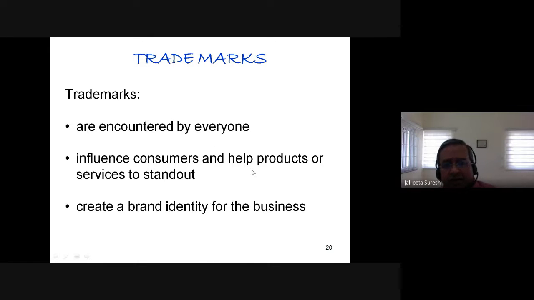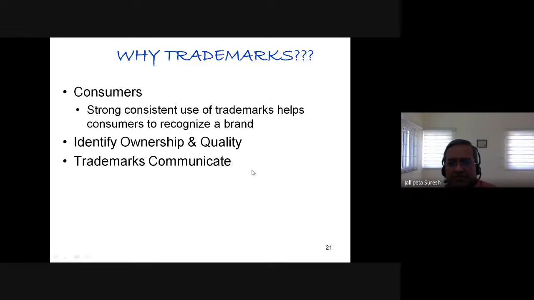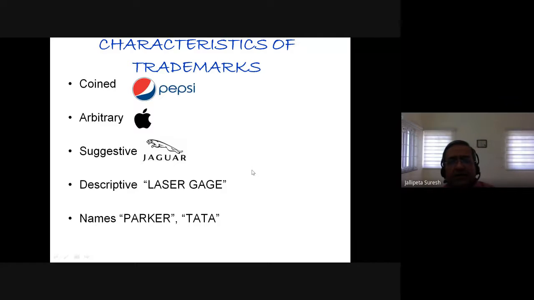Now, when you go back to trademarks we see they're encountered by everyone in our daily life because it creates a brand identity for the business. Consumers, as I mentioned, I have given an example. This consistent use of trademarks helps consumer to recognize a brand like Toyota. And trademarks identify ownership and quality.